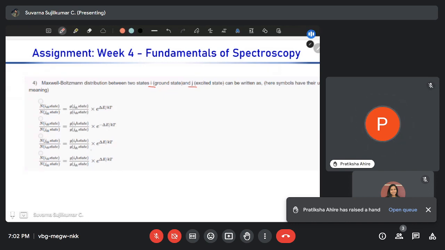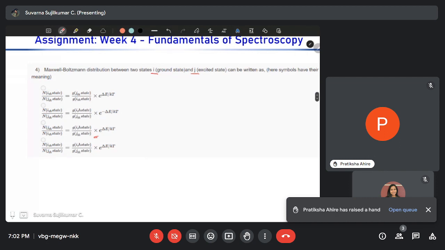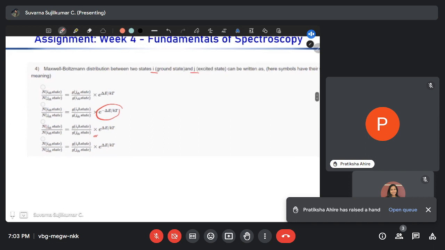Can you please check again? We have to check what is the sign of delta E, and how the population as well as the degeneracy term are connected.